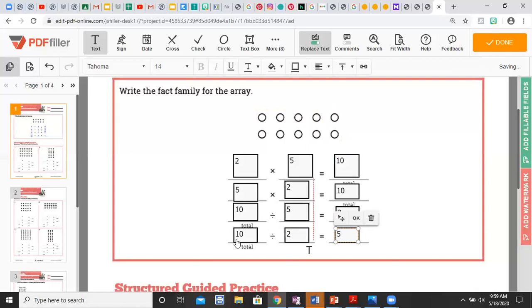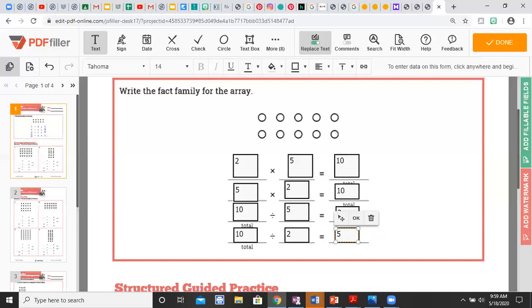Okay, so I can say 10 divided by 5 equals 2, and 10 divided by 2 equals 5. Remember, in order for it to be a fact family, the same 3 numbers need to repeat in every sentence. So same 3 numbers in the multiplication sentence, same 3 numbers in the division sentence.